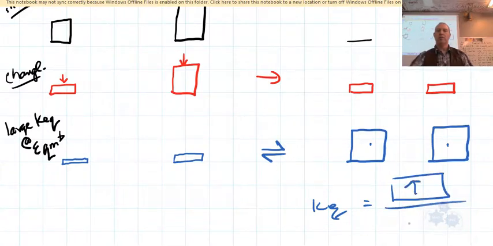And these concentrations are going to be super duper small on the bottom, so you have a large KEQ. So a large KEQ says that this system is going to come into equilibrium at a point when you have a lot more product than reactant. Because remember, at equilibrium, the reactants are still forming products, and the products are still forming back to the reactants. And so on, and that's still going on.